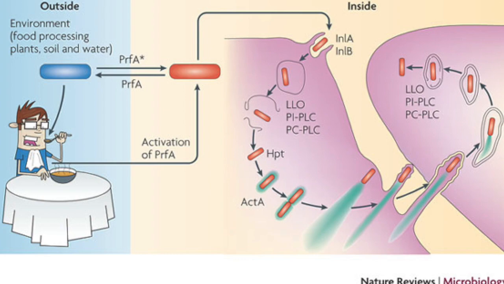Listeria uses the internalin A and internalin B cell wall adhesion proteins to bind to cadherin and MET proteins in the host cell membrane. When the phagocytic vacuole enters the cell's cytoplasm, listeriolysin O, which is produced by the bacteria, lyses the vacuole and allows it into the host cytoplasm to multiply.